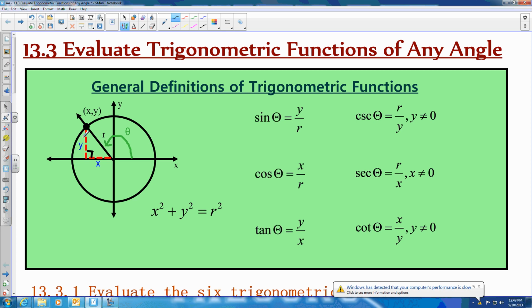You should have a handout of the unit circle at the start of chapter 13, which helps you identify different values of theta through different trig functions. What we know about the unit circle is that the radius of that circle is always going to be 1. And the center of our circle is always going to be at the origin 0, 0.